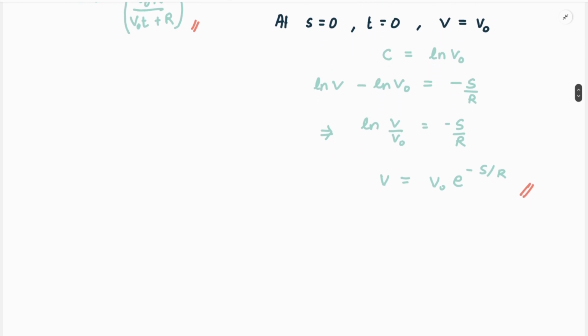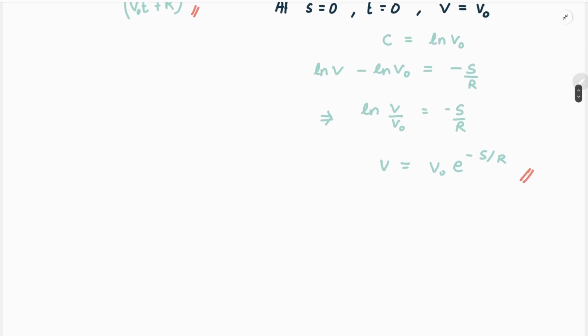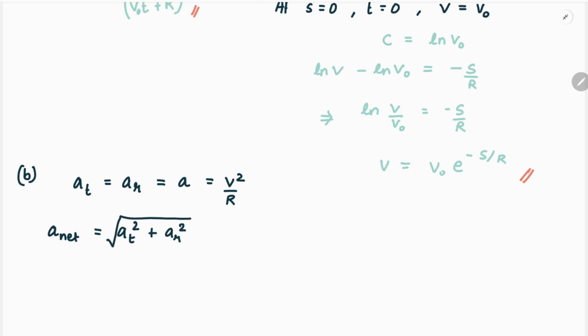Since it is already mentioned in the problem that the tangential component of acceleration and the radial component of acceleration are the same, which we are considering to be a, which is also equal to v square upon r, and since they both are perpendicular to each other, we write a net equals square root of at square plus ar square, which is equal to root 2 a, which is equal to root 2 v square upon r.